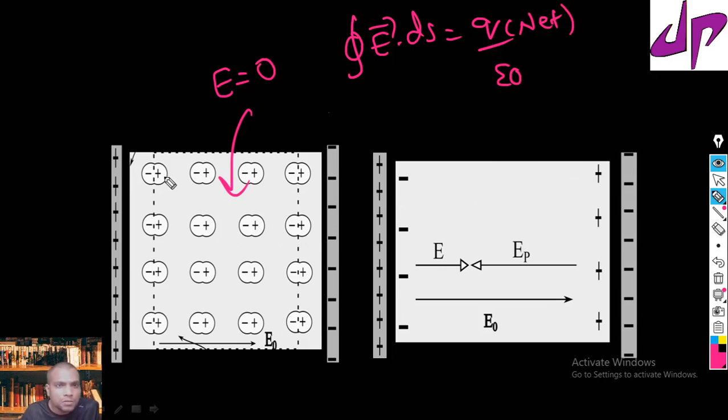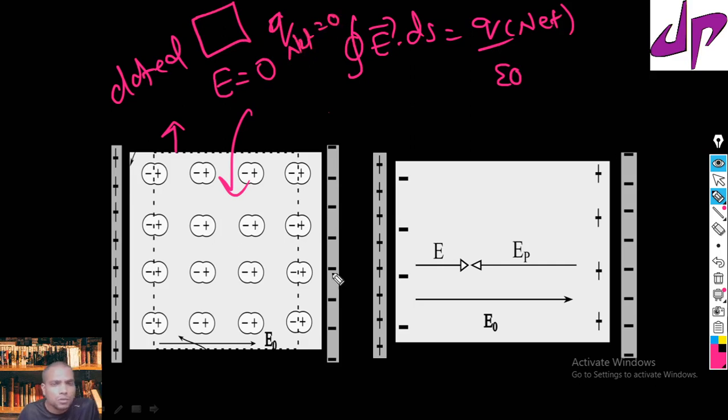If you closely observe the positive and negative charges within this dotted rectangle, the net charge is 0. So if that charge equals 0, we won't expect any electric field inside that dotted circle. Yes, that point is agreed.